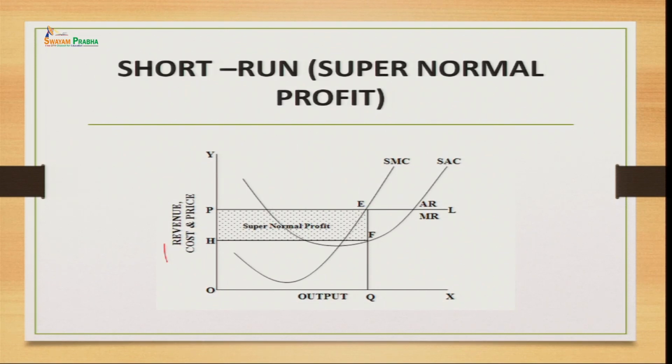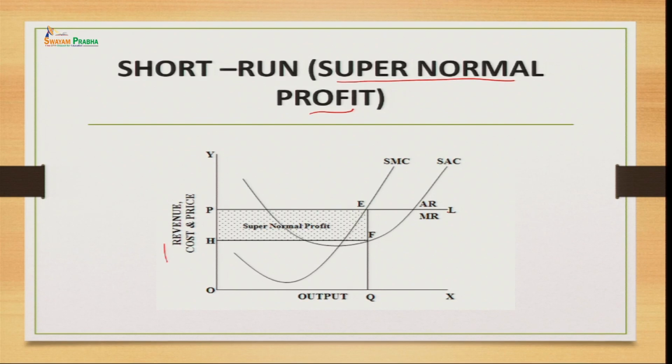So, how are we going to calculate the profit of a firm working under perfect competition? Here we are representing the condition of supernormal profit. Guys, you can see we have already made our discussion up to this point that OP is the price which we have taken from the market with the interaction of demand and supply, and this PL is the average revenue curve, which represents the demand under perfect competition.